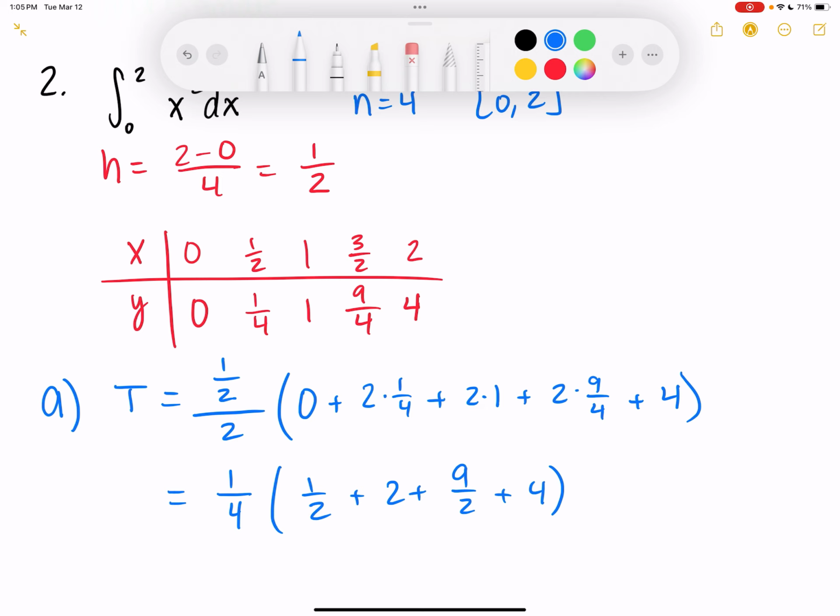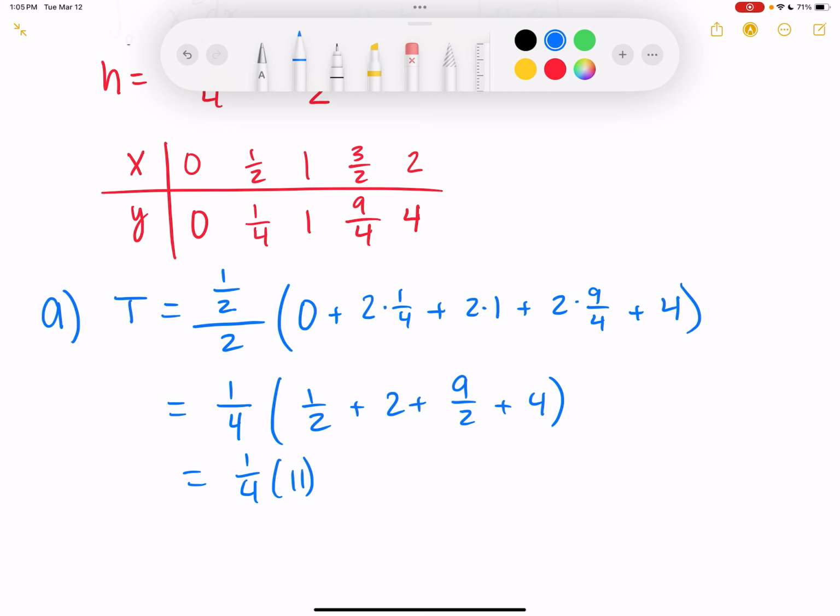That's 5, plus 2, plus 4, which is 11. So 1/4 times 11. Somebody give me that decimal. 2.75. So that is the approximation from the trapezoidal rule.